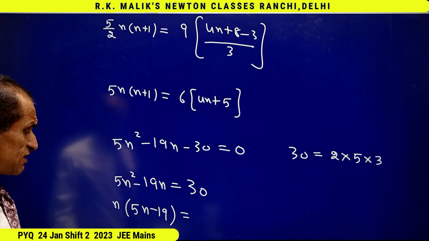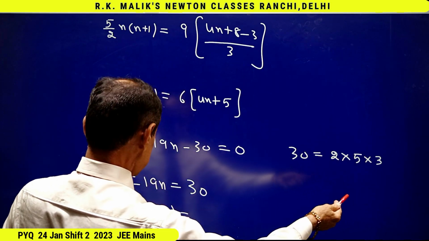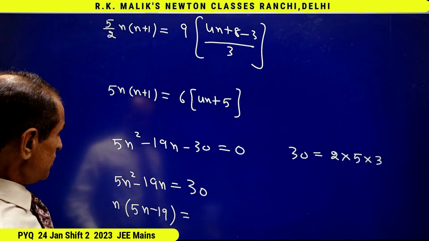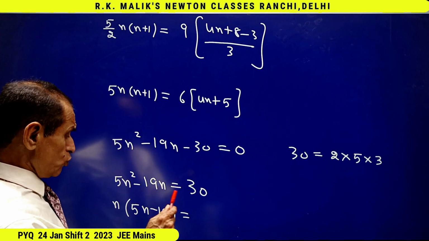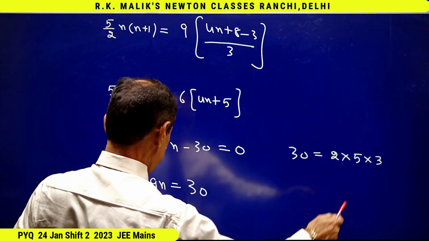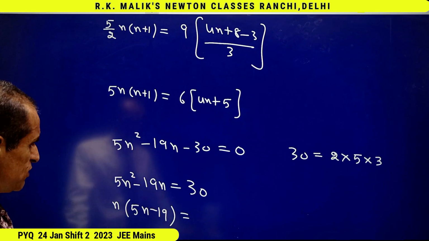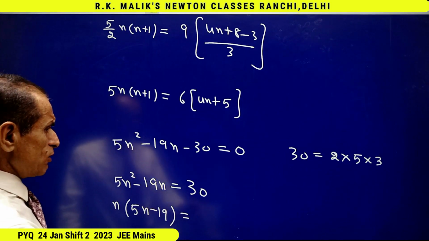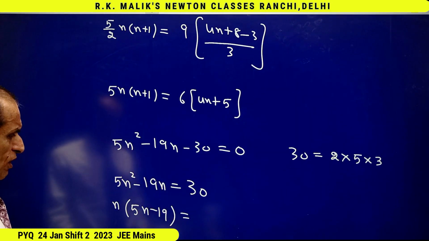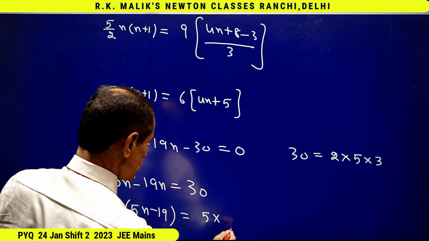From the left hand side it is clear that we have to write this number as a product of two numbers in the form n into (5n minus 19). If I take the value of n as 2, then the value of the other factor should be 15, but it is not becoming 15. It is very easy to see that if I take the value of n as 5, this part becomes 6. Therefore, write 30 as 5 into 6.